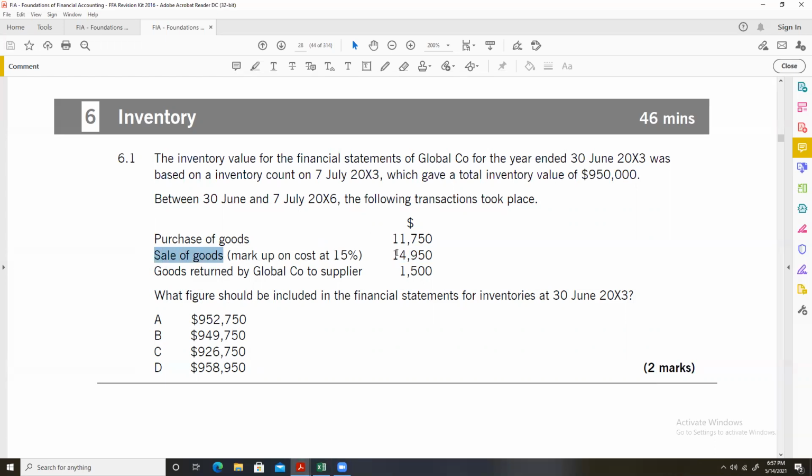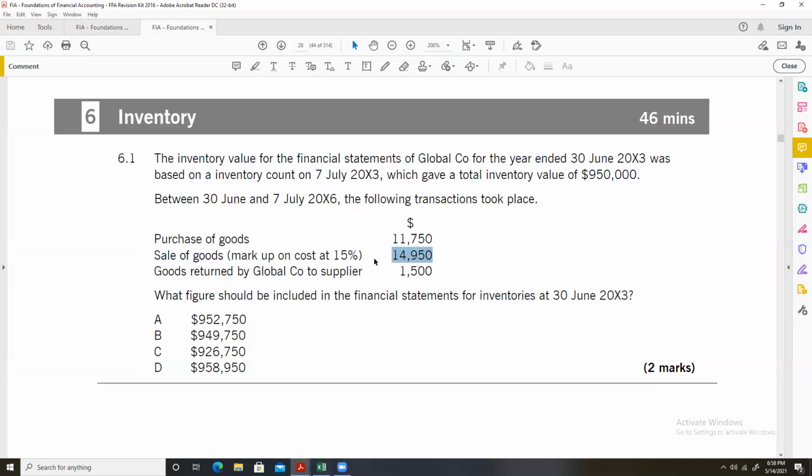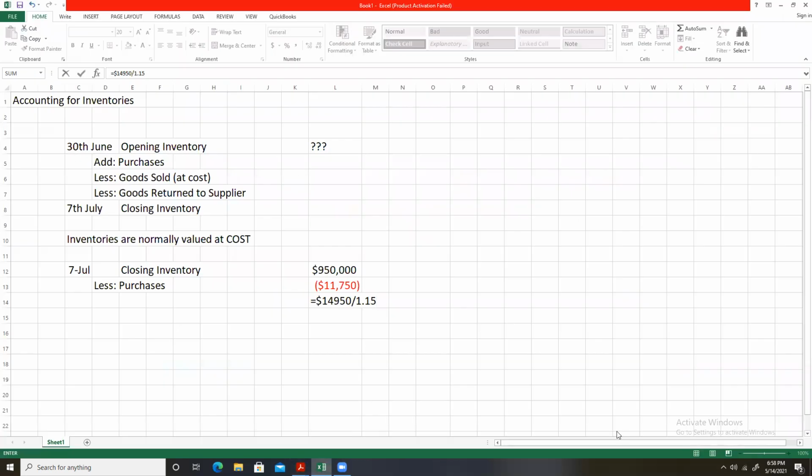The goods sold were for 14,950. How much was the cost of these goods? Simply take 14,950 and divide it by 1.15. As there is a markup on cost of 15%, divide this figure by 1.15.